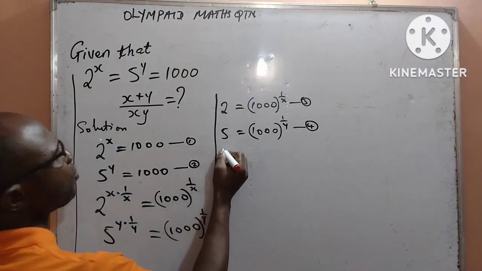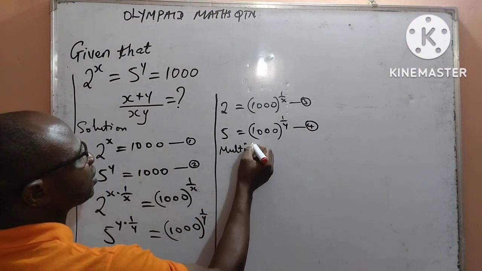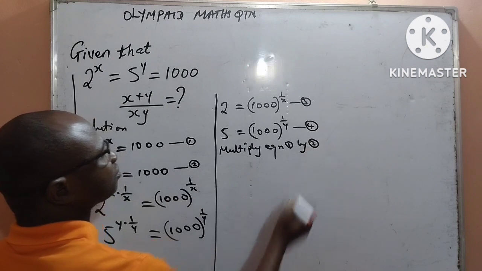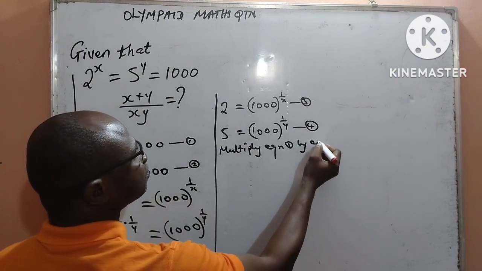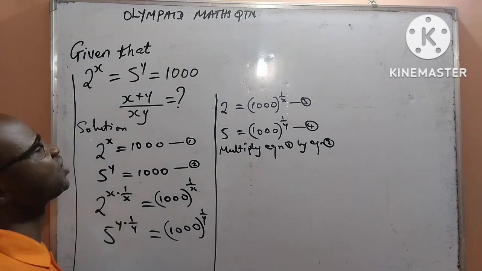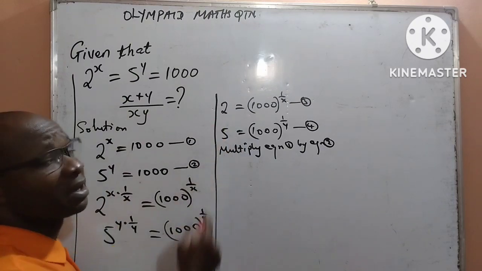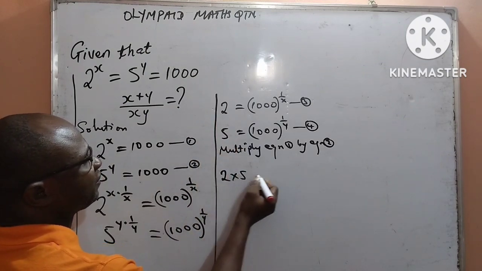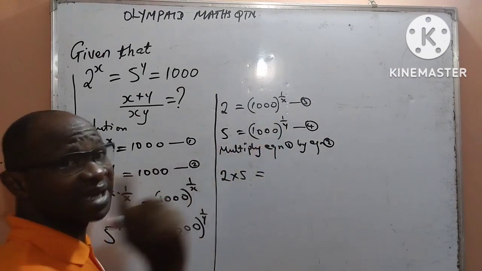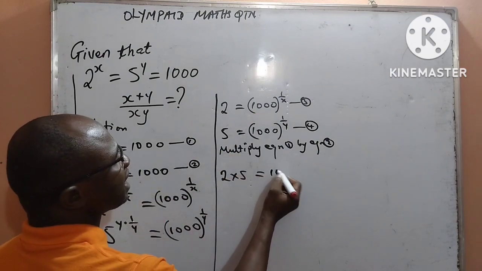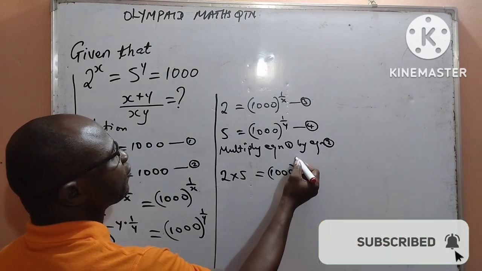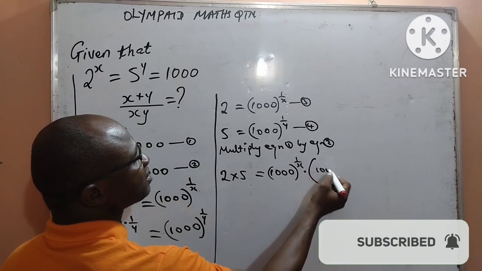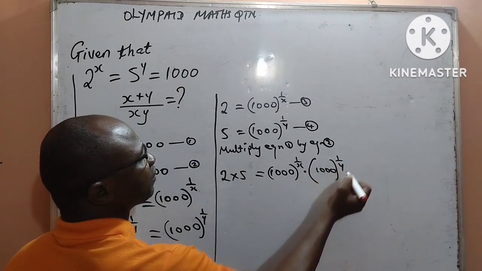I will now multiply equation 3 by equation 4. On the left hand side, I'll multiply 2 by 5, and on the right hand side I will multiply 1000 to the power of 1 over x with 1000 to the power of 1 over y.